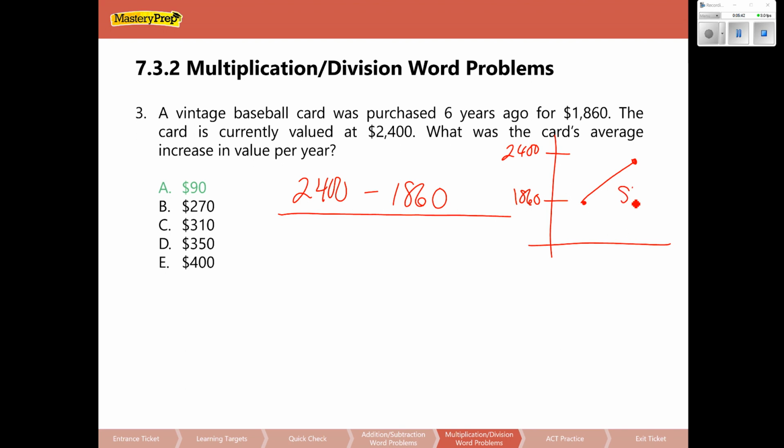We're just looking at slope. The x values are the years since it was purchased, which was 6. Just slope. Questions on this here?